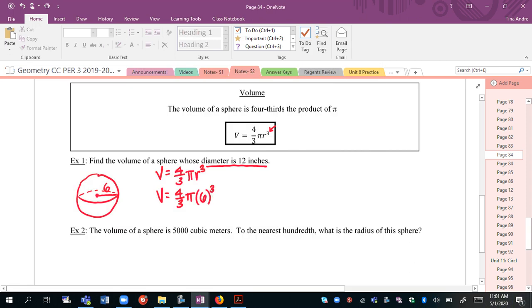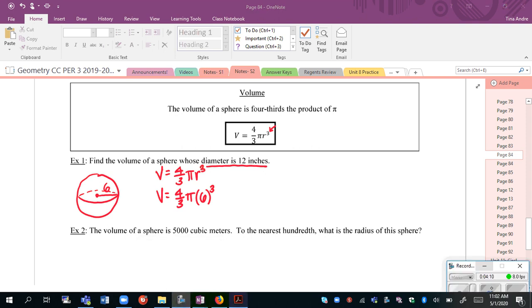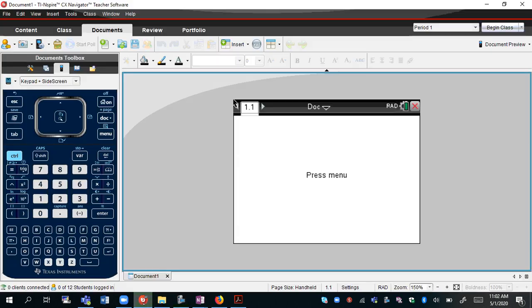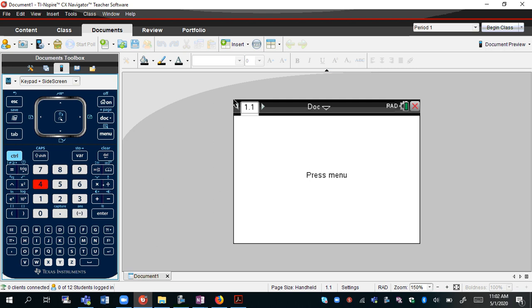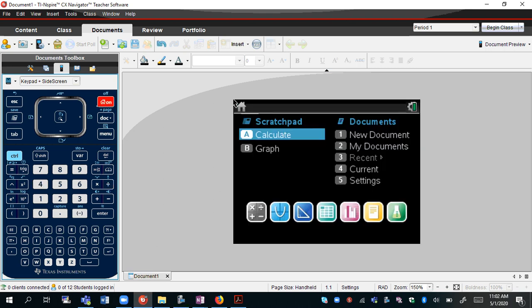For this one, I am going to leave it in terms of pi since it doesn't tell me to round. All I'm typing into my calculator is 4 divided by 3 times 6 caret to the third. Let me show you that. On my calculator, let me press the home screen first.